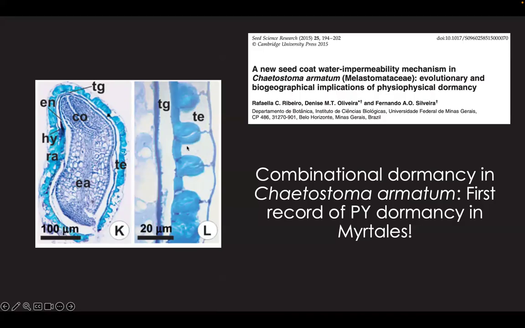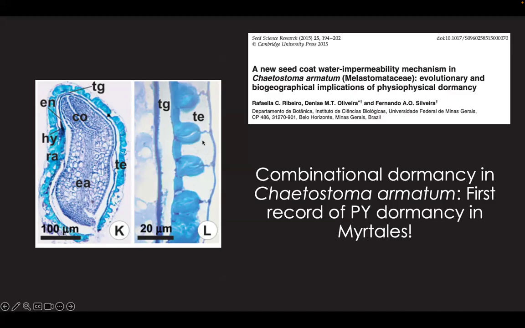What is interesting is that in all species except Chaetostoma armatum, physical dormancy is achieved by the presence of macrosclereids in the seed coat. These elements are hydrophobic and impede water entrance. But in Chaetostoma armatum, we don't have this kind of structure.